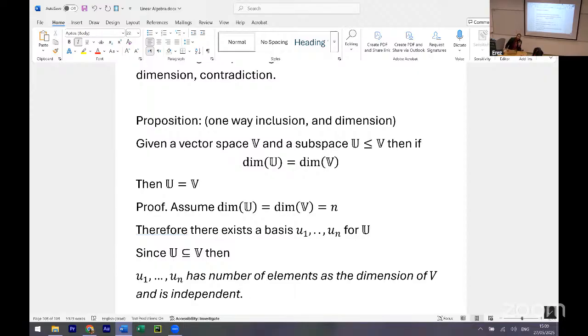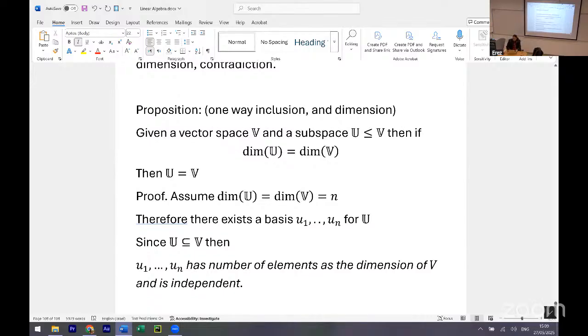If we have an independent set of the size of the dimension, what did we say by the 2+1 offer? What can we deduce? That they span, by 2+1 offer.